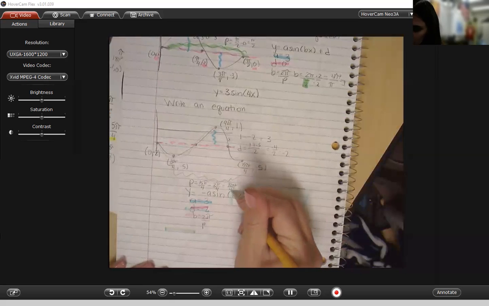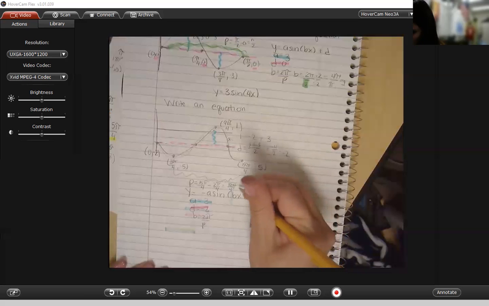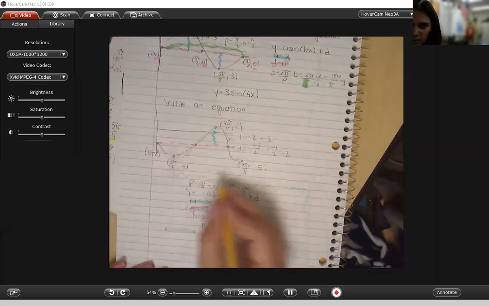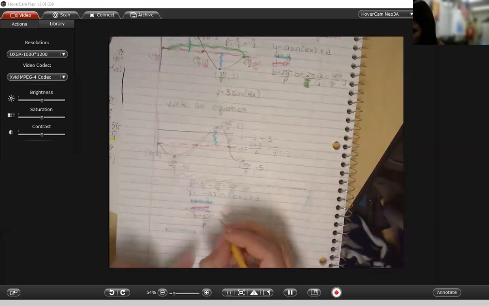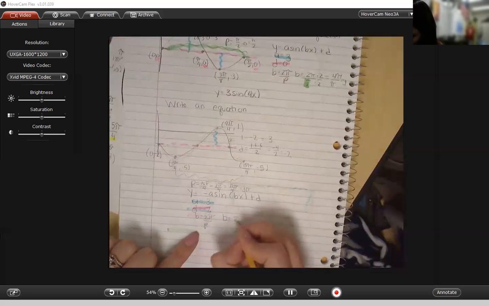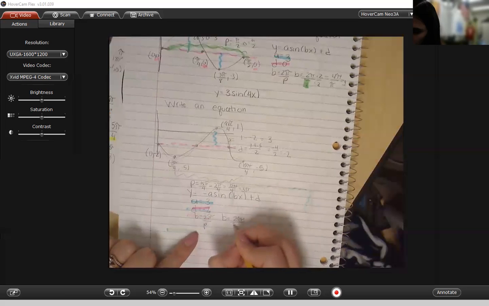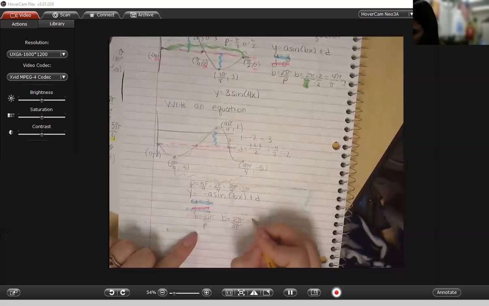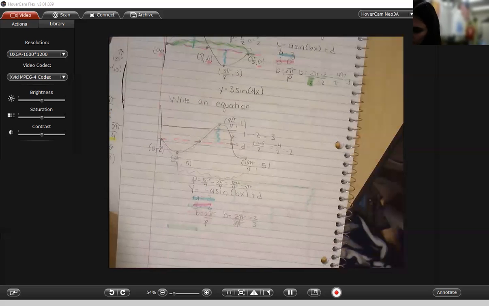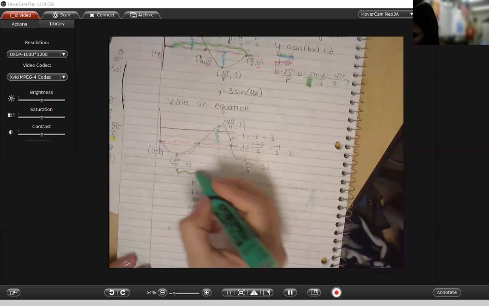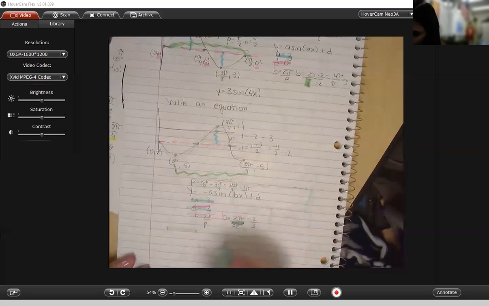Well, that can be reduced. 12 over 4 is 3, so 12 pi over 4 is 3 pi. All right, so my period is 3 pi. So my B value is going to be 2 pi over 3 pi. The pi's cancel. My B value is just 2 over 3. Again, that was my period right down there, 3 pi.